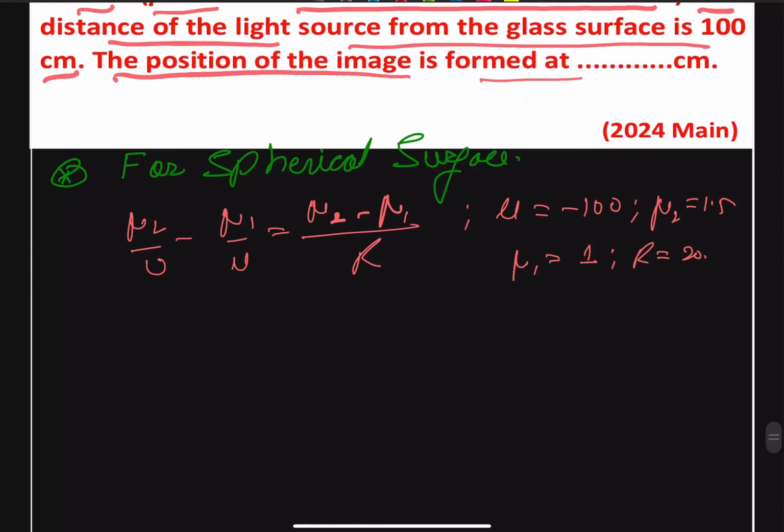So if we substitute the values, we get 1.5 divided by v plus 1 upon 100, equal to 1.5 minus 1 divided by 20.